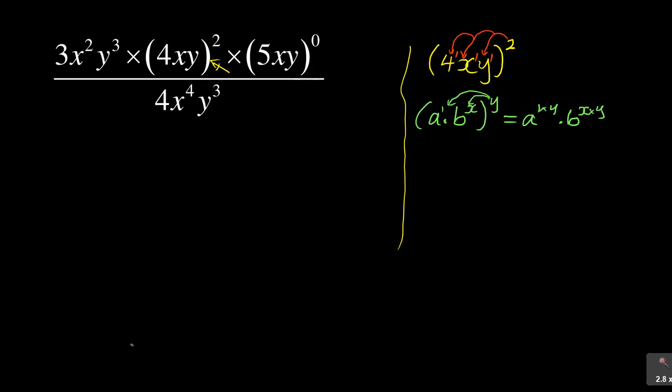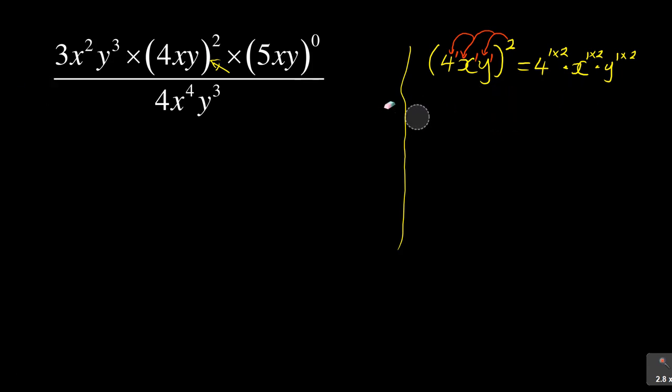If we use the same rule in here, it will be 4 to the power of 1 times 2, x to the power of 1 times 2, and y to the power of 1 times 2. If we simplify this as the final part, it will be equal to 4 squared, x squared, and y squared. It was possible for you to go directly from here to here without having to pass through the 1 times 2, 1 times 2, and 1 times 2. So this is the first part that you need to notice there.